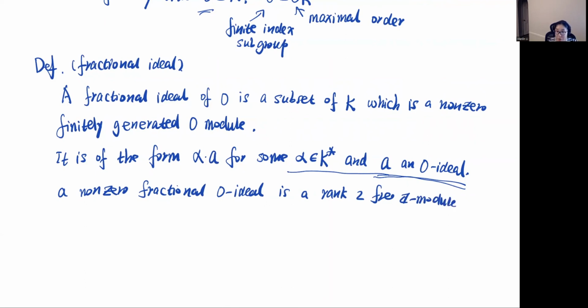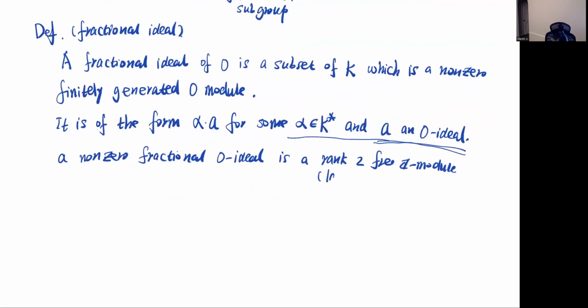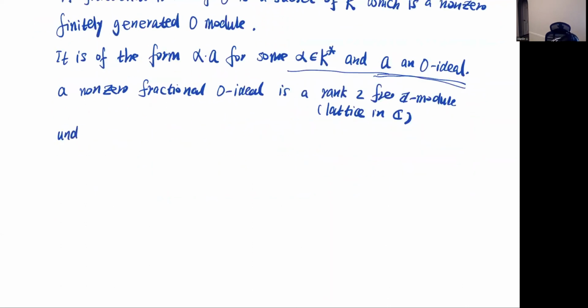What does that remind you of? Namely, a lattice in C. So the point is, you can choose an embedding. K embeds into C; there are two embeddings because K is imaginary quadratic.